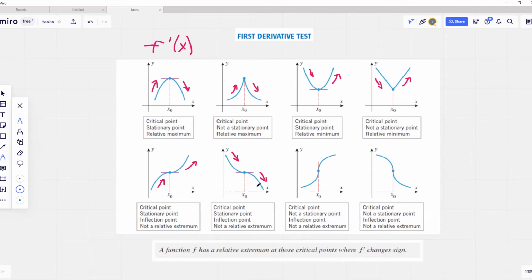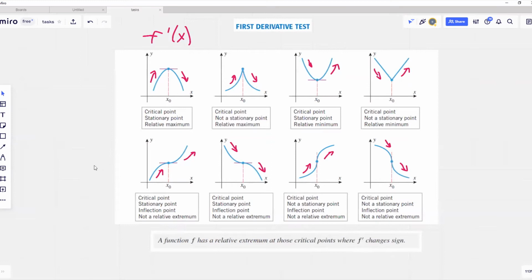So no relative extrema in that case. In this case, we have vertical tangency. At x0, our function is increasing up to x0, and it keeps increasing after x0. And similarly, in the last graph here, we again have vertical tangency, and f prime doesn't change its sign in this case, which suggests the following theorem.